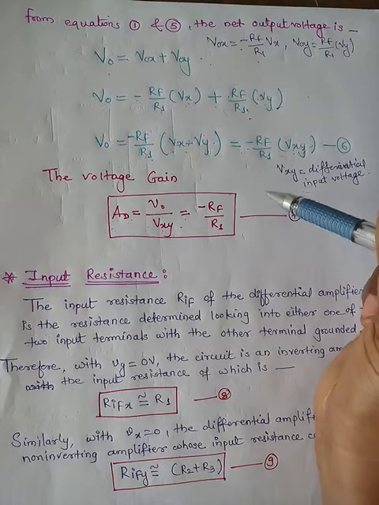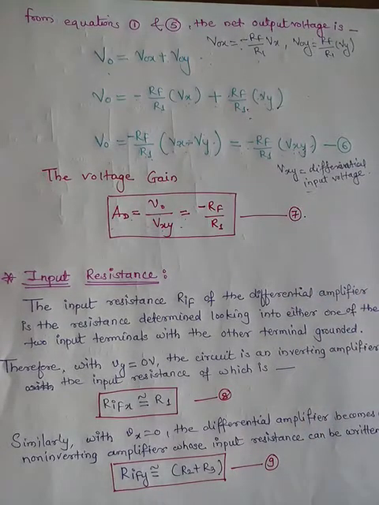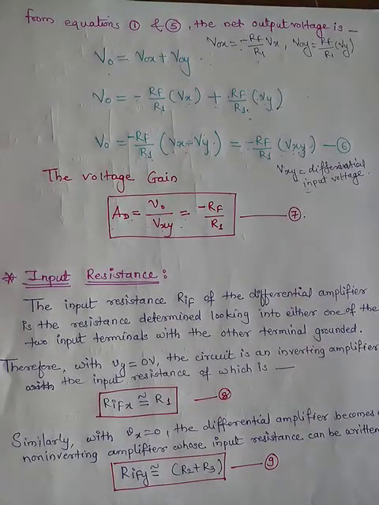So equation number 7 represents the voltage gain for a differential amplifier with one op amp, which is similar to the voltage gain equation of an inverting amplifier, that is minus Rf by R1. So we have calculated the gain equation.